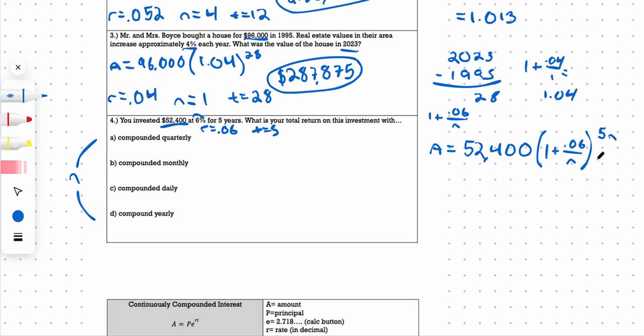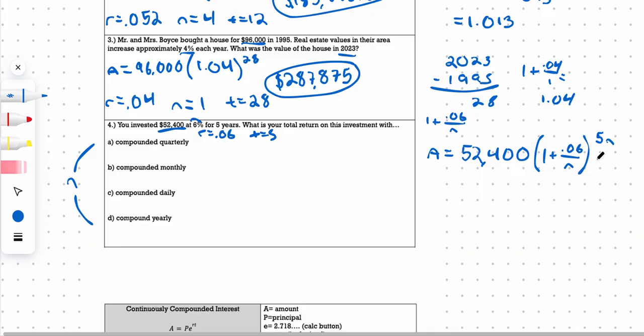So now we're just trying to plug in different values for N. Well, compounded quarterly means N equals 4. So we plug this in. We get 52,400 times, if we plug 4 in for N, 0.06 divided by 4 is 0.015.